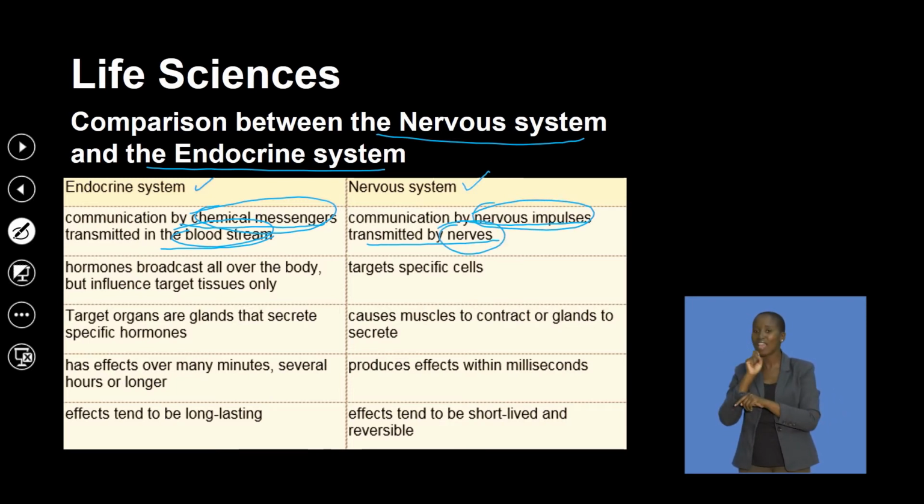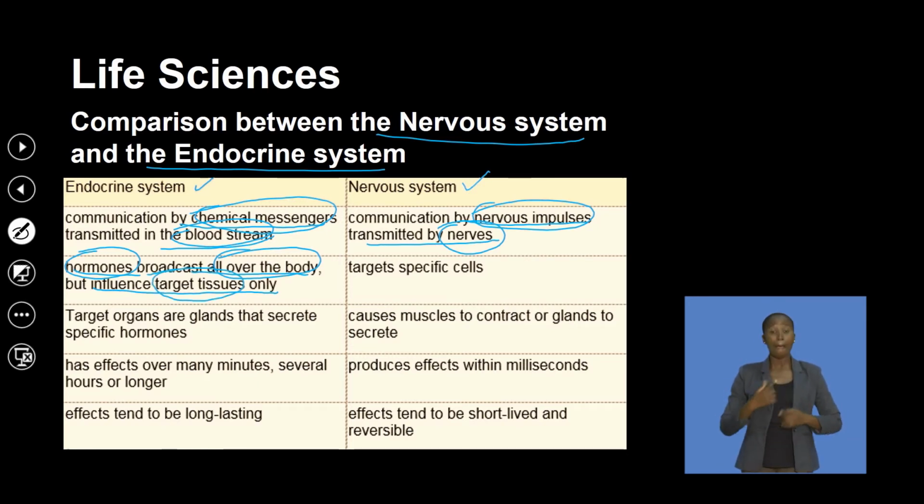The second comparison would be that hormones broadcast all over the body but influence target tissues only. Essentially, as I mentioned earlier on, these hormones are released into the bloodstream and can travel through all the parts of the body, but they will have a specific target tissue only. That's because cells have certain receptor signals that identify hormones.